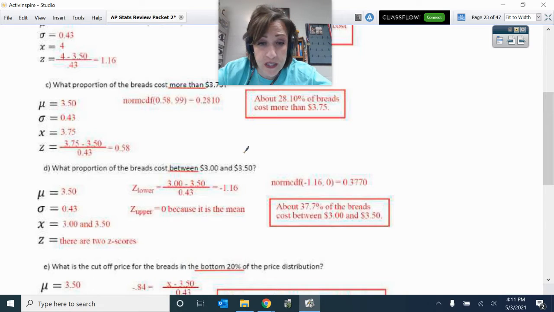Notice that the upper z-score is for 3.50, and that 3.50 is 0 because it is the mean, and then we're going to normCDF between those two z-scores from those x's.